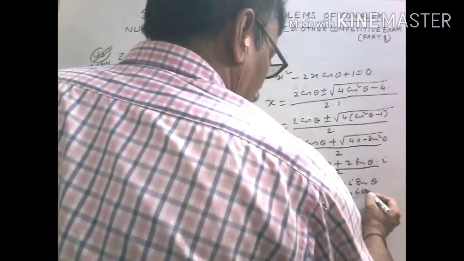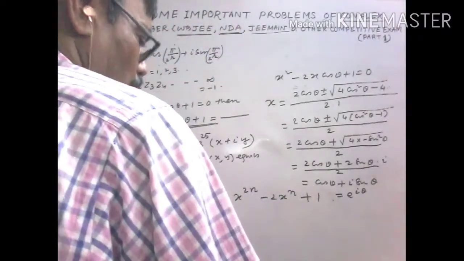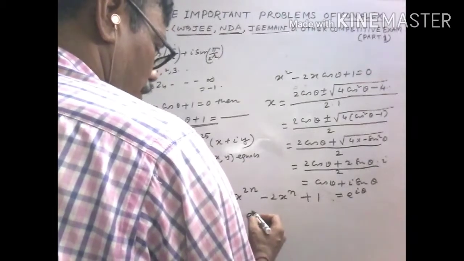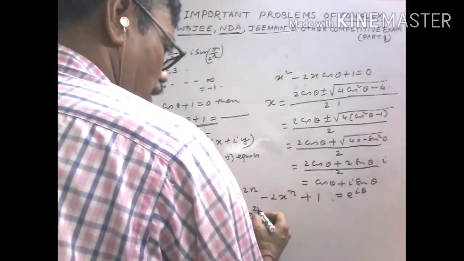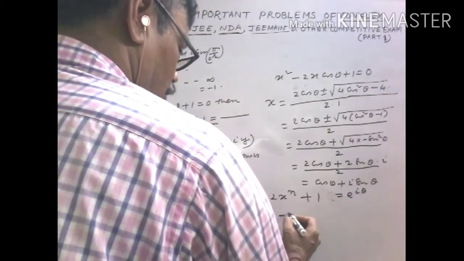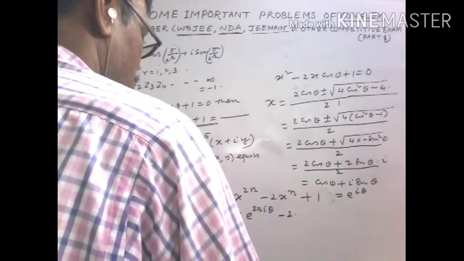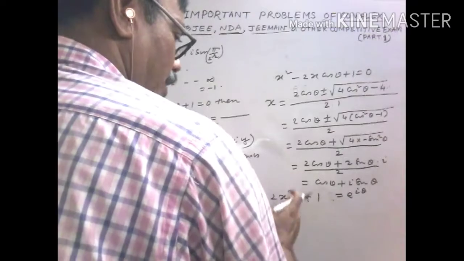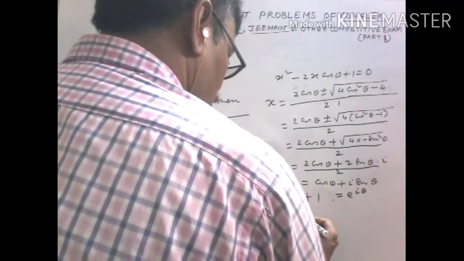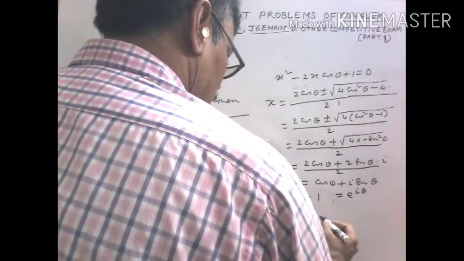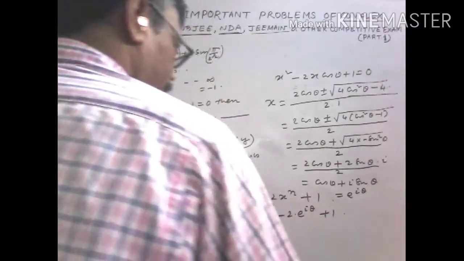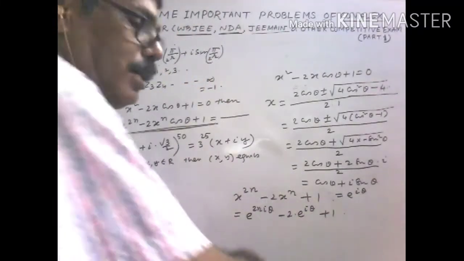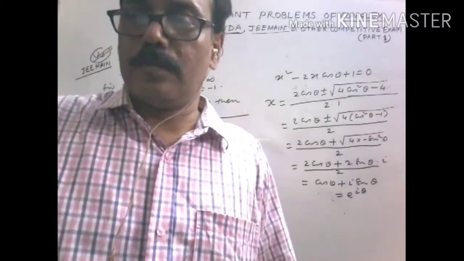So look, this is e to the power i theta. So if we put it, this is e to the power 2n i theta, minus 2 into x to the power n. x to the power n is e to the power i theta, plus 1.